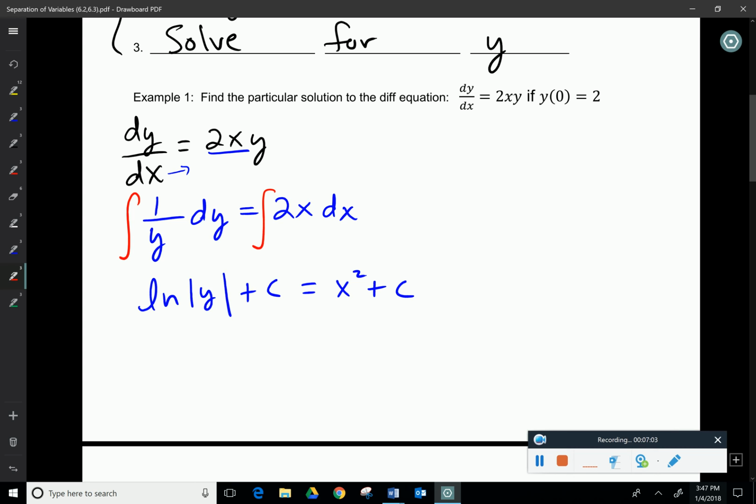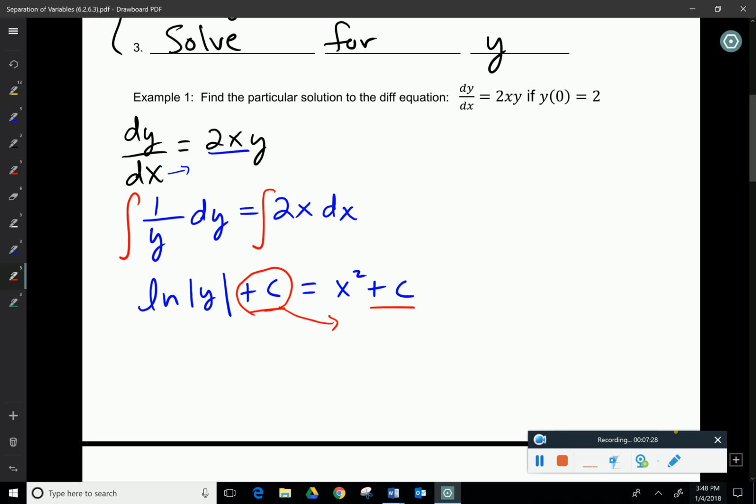Now, something to keep in mind: because when you integrate you have this plus c, I just generically used a c. Just because I have the same c on both sides doesn't mean those are the same number. Imagine if I were to move this plus c over to this side. When I subtract, that's not going to give me 0 because we don't know what these constants are.